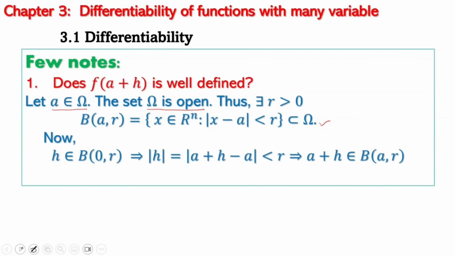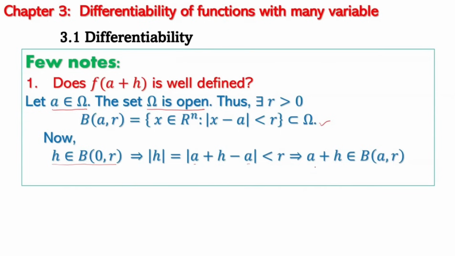Now let h belong to B(0, r). Then |h| can be written as |a + h - a|, just adding and subtracting a, which is less than r because h belongs to B(0, r).